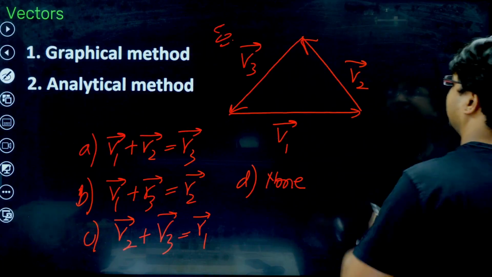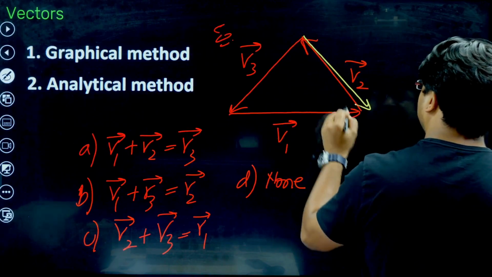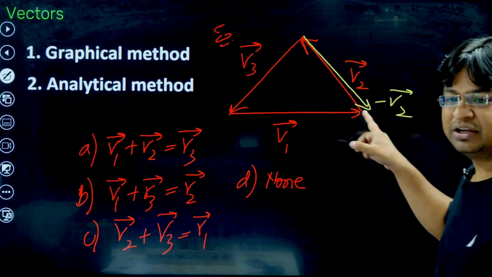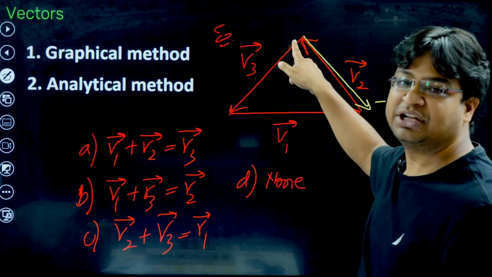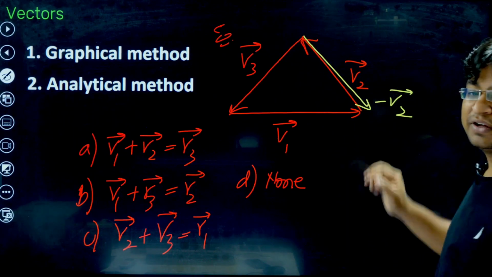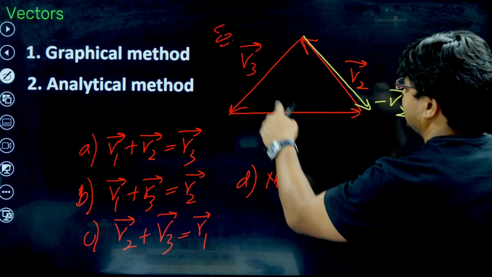In this case, you choose any vector and reverse it. Let's say I'm reversing v2. If I reverse v2, it becomes minus v2, and now for the yellow vector, the tail coincides with the tail of v3, and the head coincides with the head of v1. So minus v2 becomes the resultant of the other two.